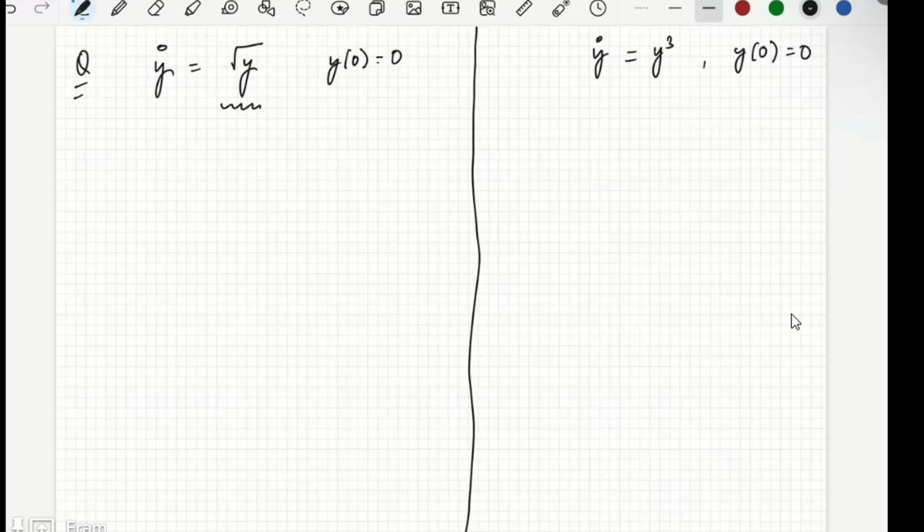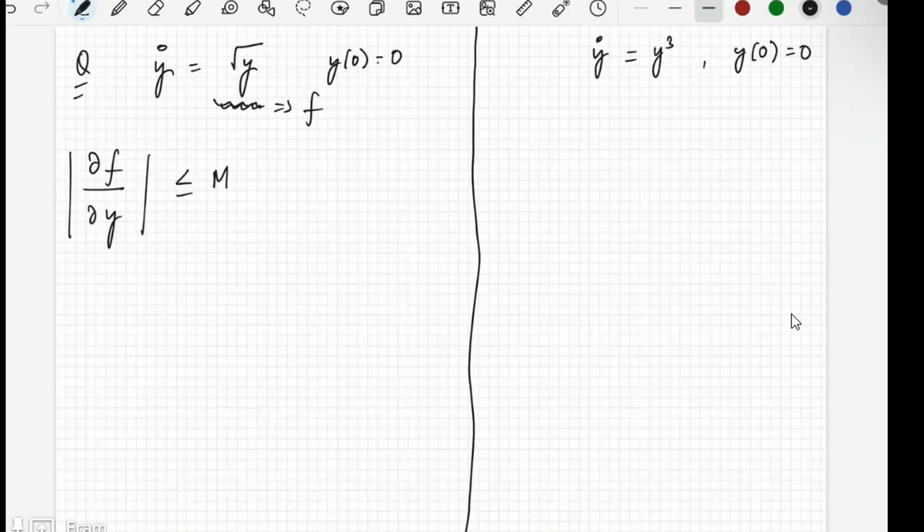Okay, so in order to verify that, we can find out whether the partial derivative of f, which is this right hand side, we call it as f, whether this is bounded or not, that the bound is M. So if it satisfies this, then we can confirm that the solution will exist and it will be unique.